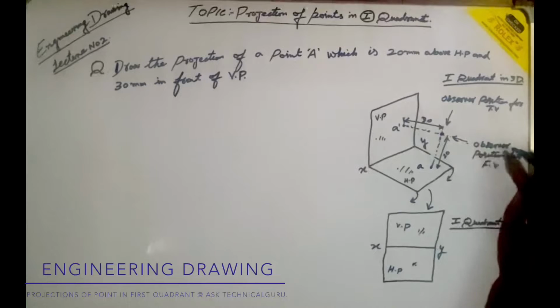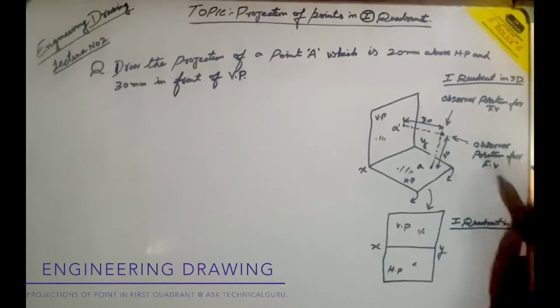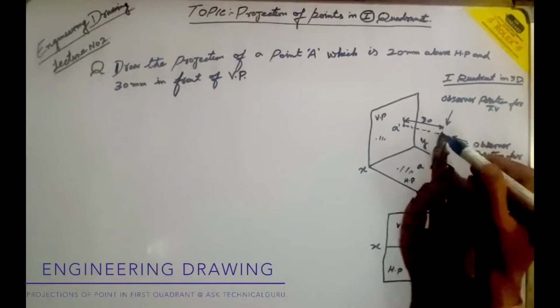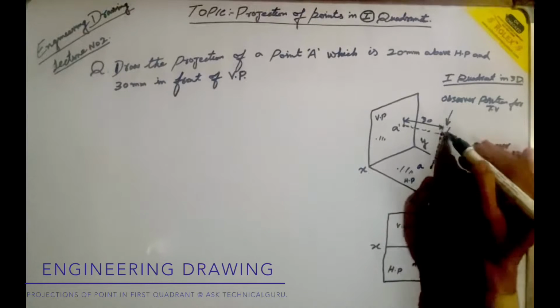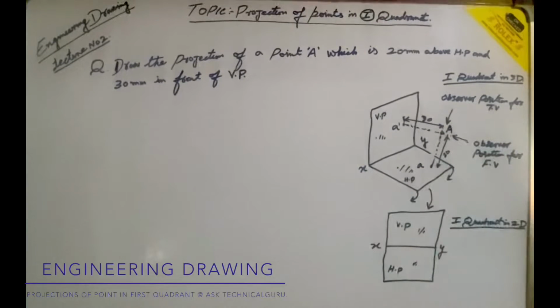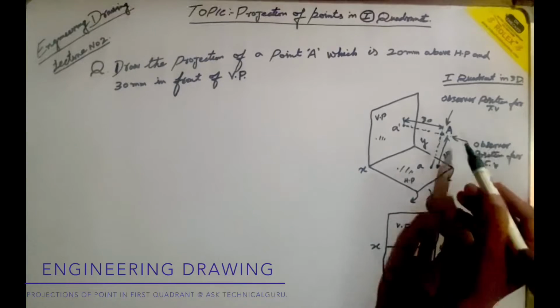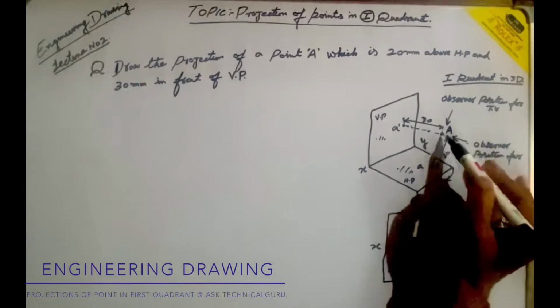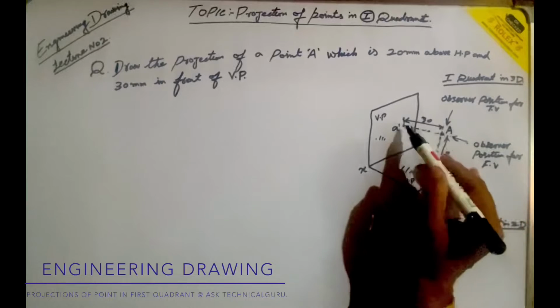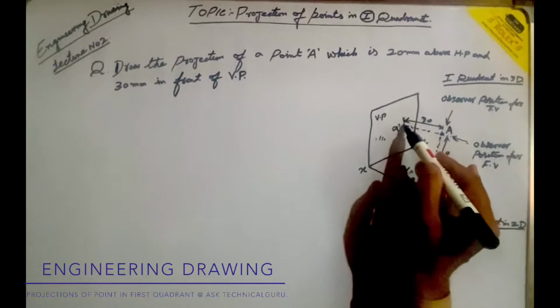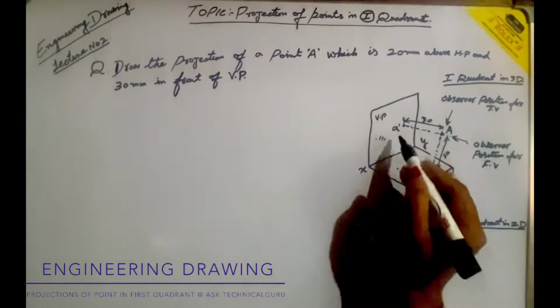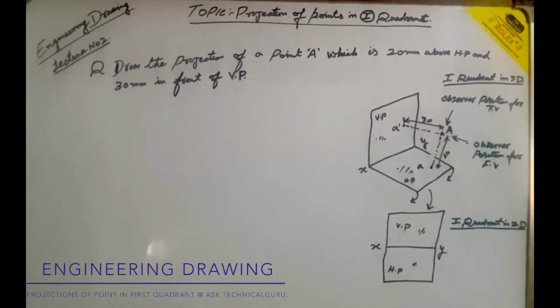This is the direction of the observer from which he is seeing this point A. When the observer sees from this angle, perpendicular to point A, its projection on the vertical plane will be at this point, and that is denoted by A dash.